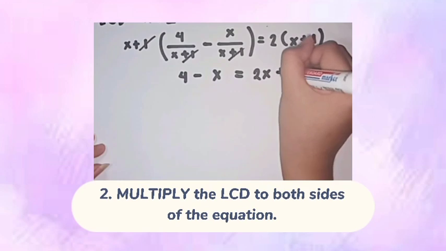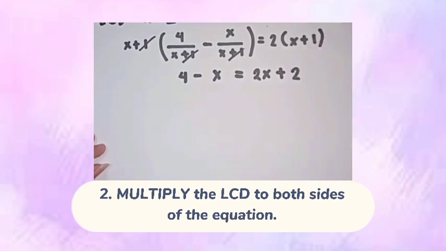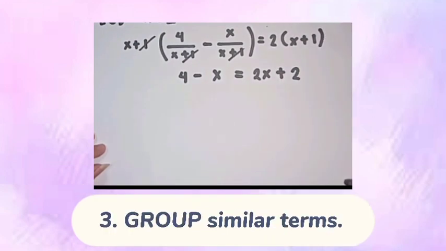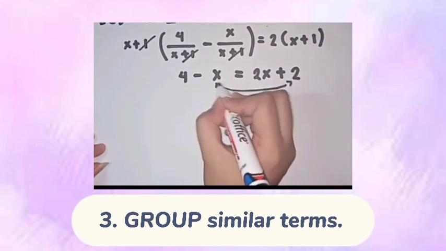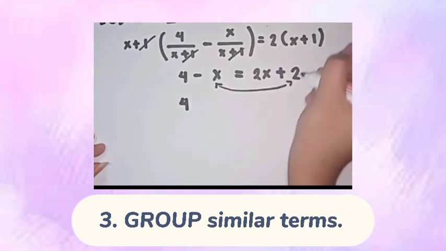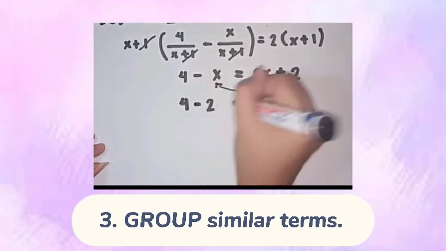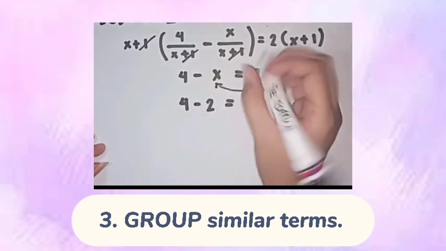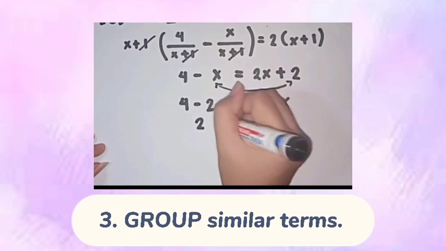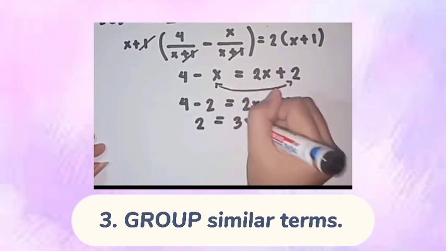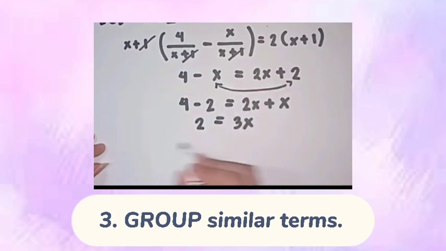2x plus 2. We need to group similar terms. Thus, we need to transpose negative x and 2. Thus, 4 minus 2 is equal to 2x plus x. 4 minus 2 is equal to 2, equals 2x plus x is equal to 3x.